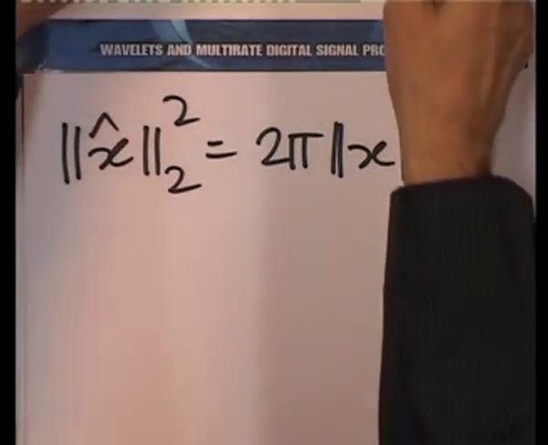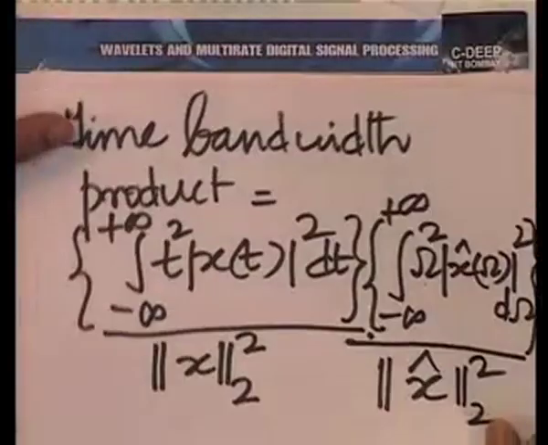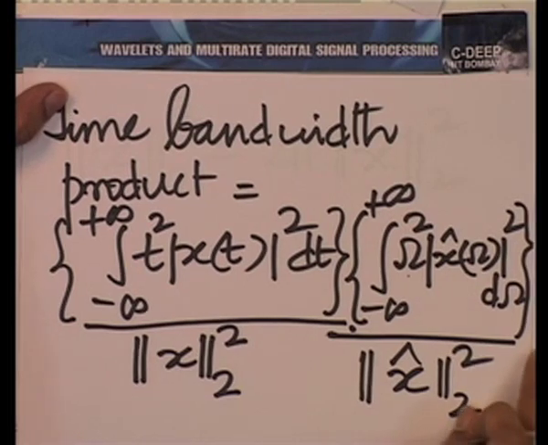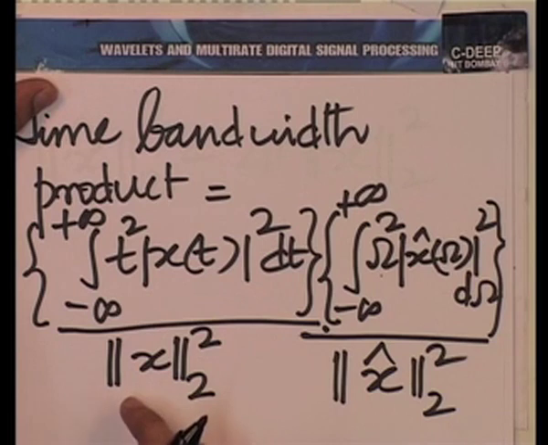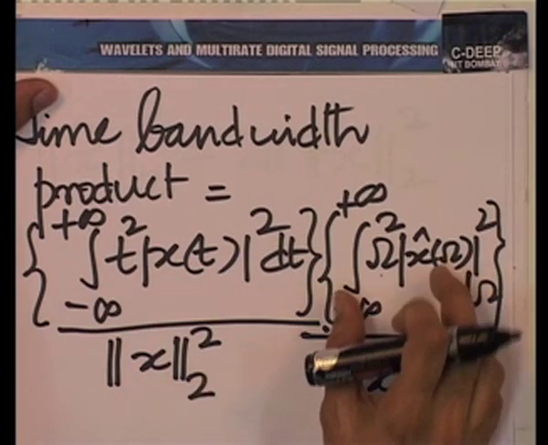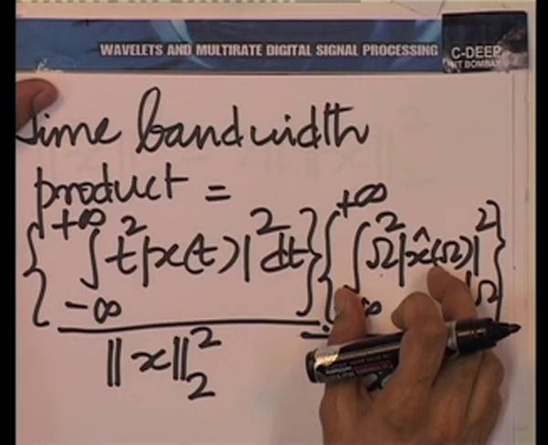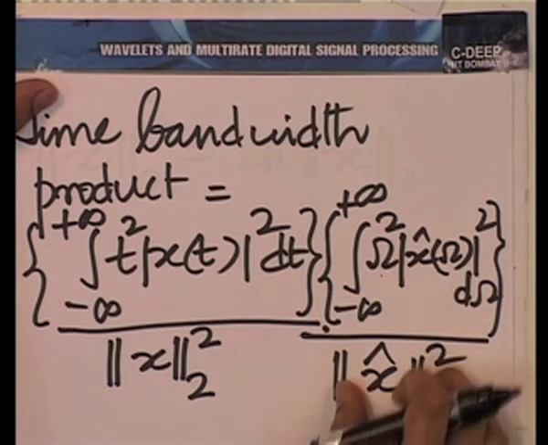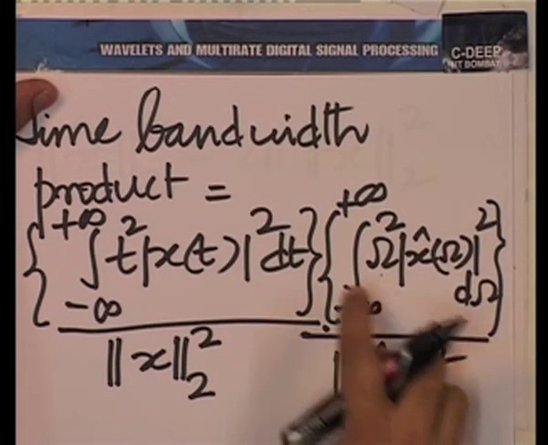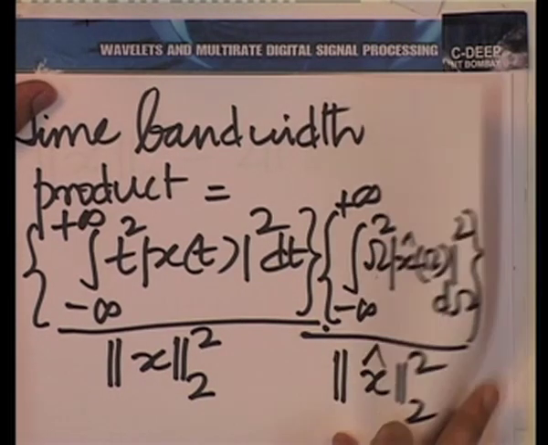And therefore, if we now put back all together here, if I put all these together, I keep these as they are in the time bandwidth product, and I note that this is essentially the norm squared or the energy in the derivative divided by the energy in the function. The factor of 2 pi cancels from the numerator and denominator here.